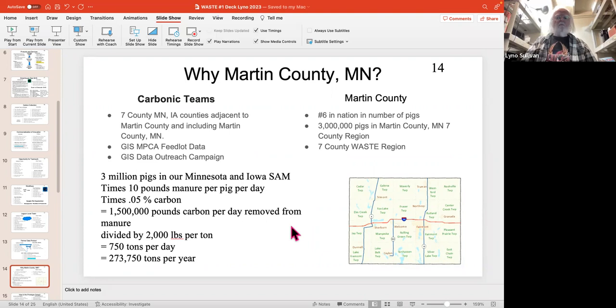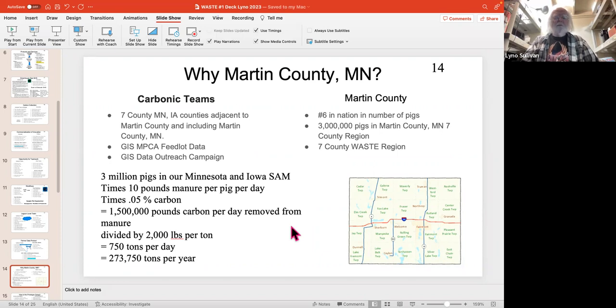That's what I'm dealing with. 3 million pigs in the Minnesota and Iowa SAM, service area market, times 10 pounds of manure per pig per day, times 0.05% carbon equals 1,500,000 pounds of carbon per day removed from manure.